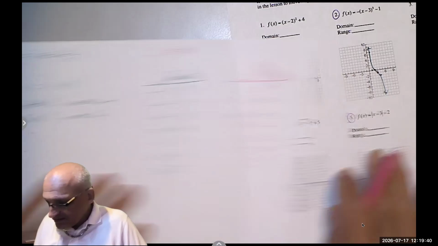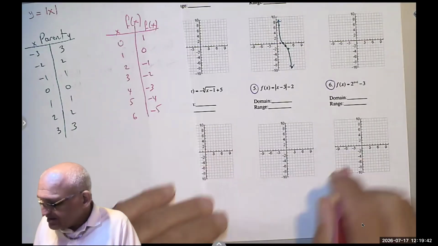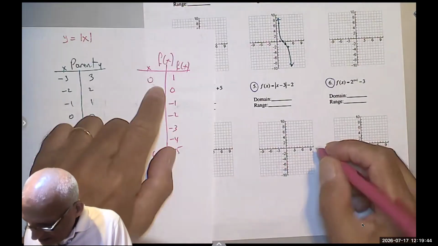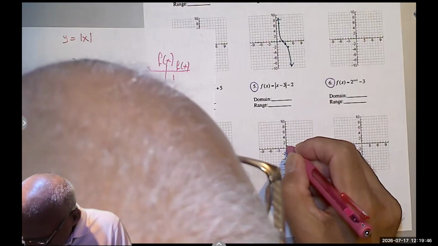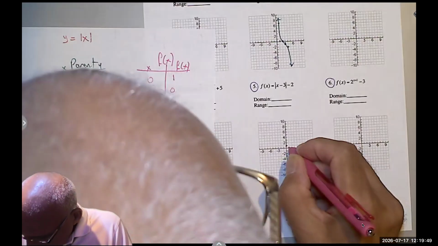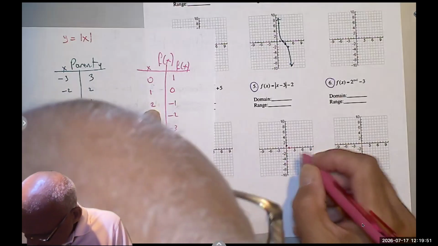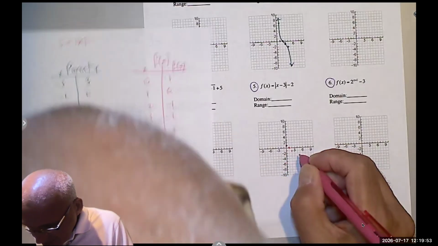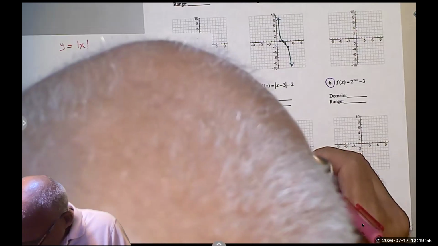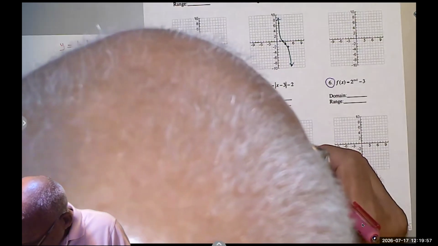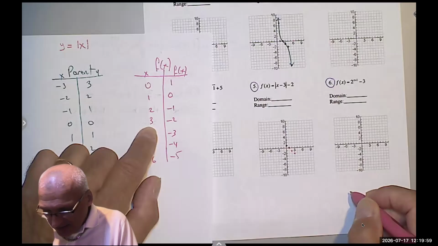It didn't take 5 seconds. So I come here and say 0 and 1, 1 and 0, 2 and -1, 3 and -2, and it's this straight line, right?